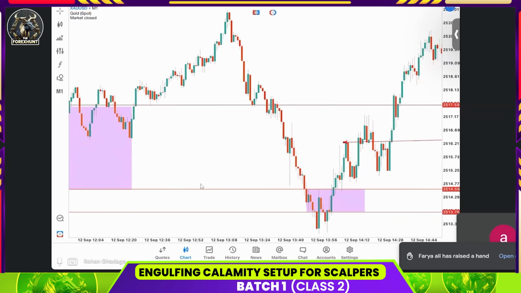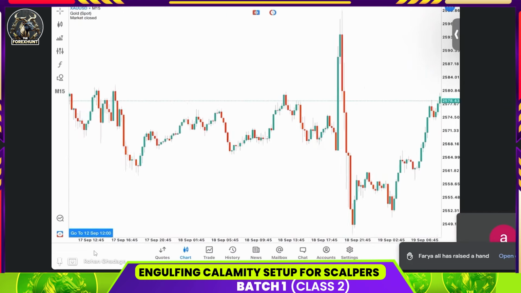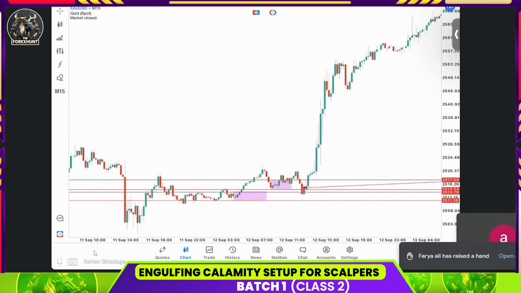Is it clear? But this is the high risk entry. I'm repeating because I don't like to take unnecessary risk on M1. So at least we need M5. So this was your entry, and this was your M15 as well here, where you can take the buy. If market would have tested the area, you can take the buy. Is it clear, everyone?